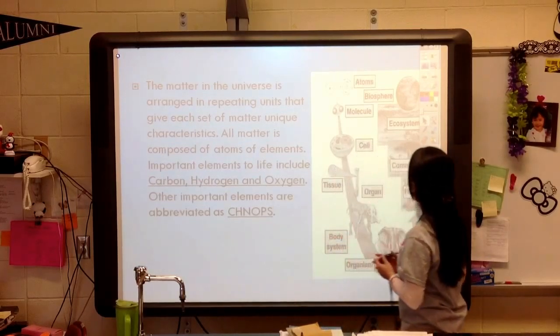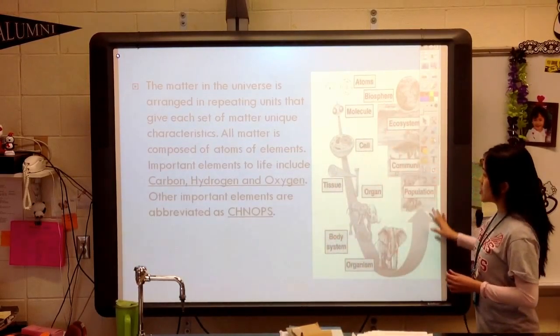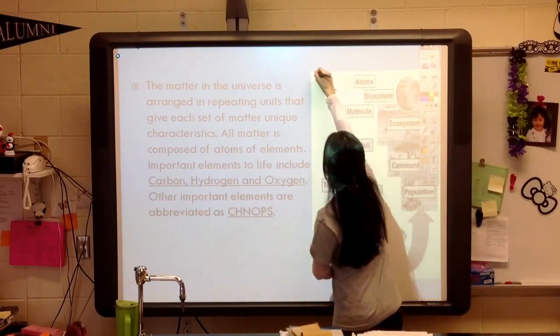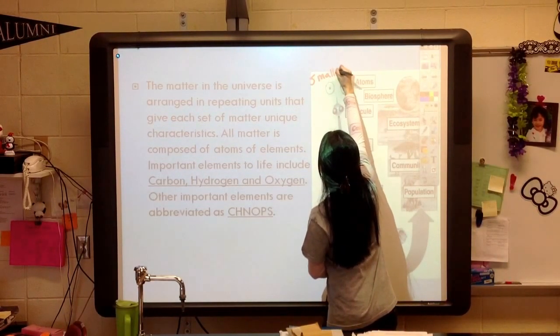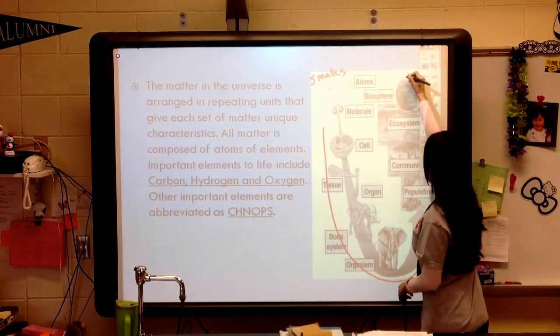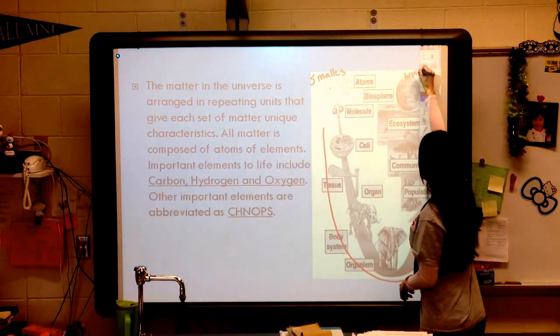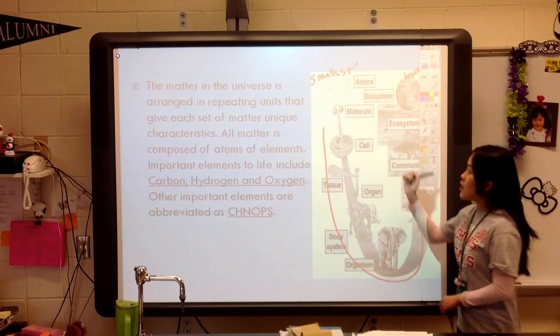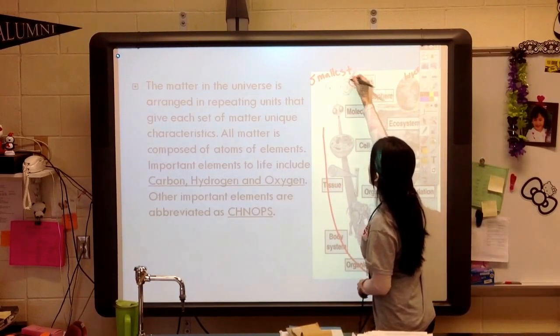A couple little things here. When we're first looking at this picture, this is actually going from smallest all the way around to largest. Smallest, I forgot my T there, to largest. Notice you have your atoms first.